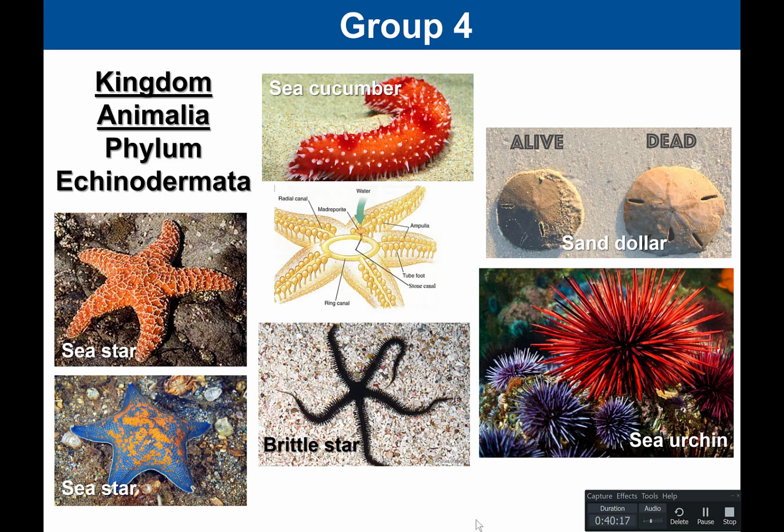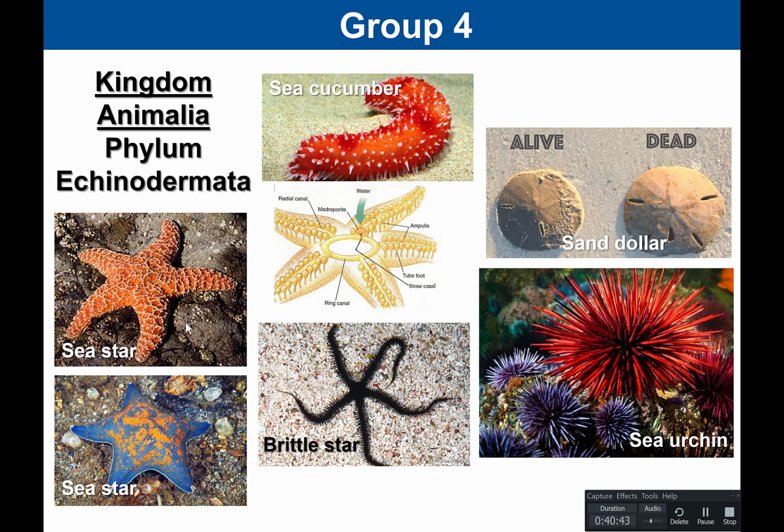They do have an endoskeleton. So the skeleton's on the inside. Actually, this hard part that you see on the outside is not an exoskeleton. They do have a skeleton internally, so they have an endoskeleton. They are covered with a spiny skin, and they have radial symmetry. So again, it's like a pizza. You can cut them in different directions to have them be symmetrical.